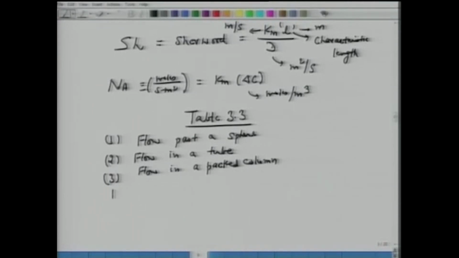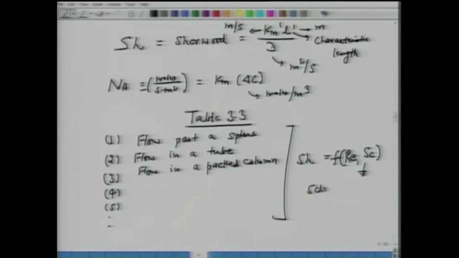So there are several such examples given in this table, where in all these cases the Sherwood number has been given mostly in terms of Reynolds number and Schmidt number. So Sc is the Schmidt number.